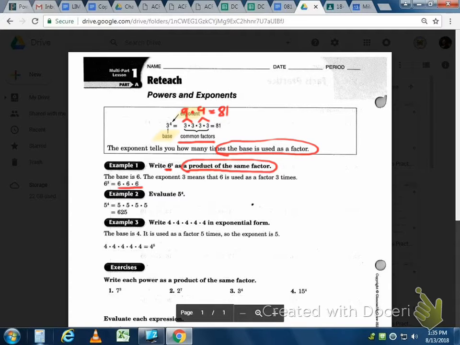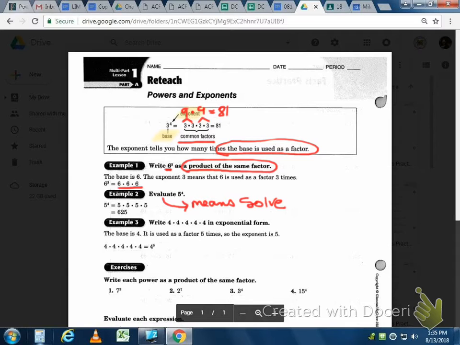Now, evaluate 5 to the 4th. This is where you're actually doing some calculating. Maybe on your paper, write that evaluate means solve. Go ahead and write that in your notes. That's important to know because you will be evaluating lots of times.